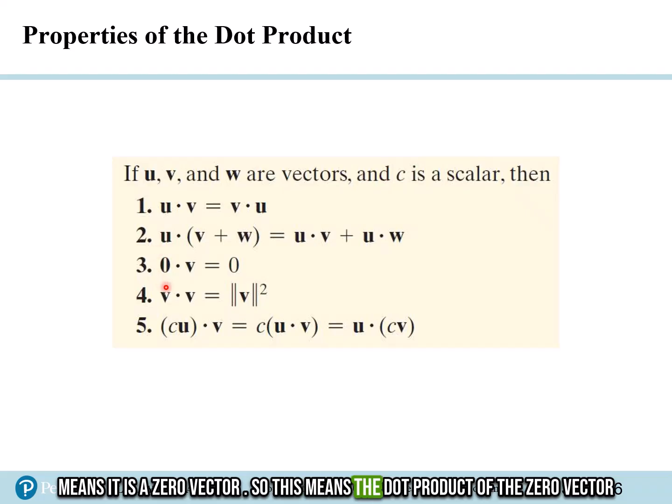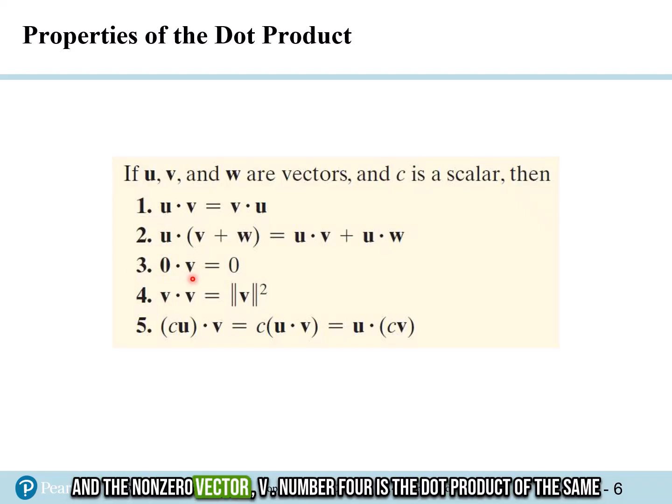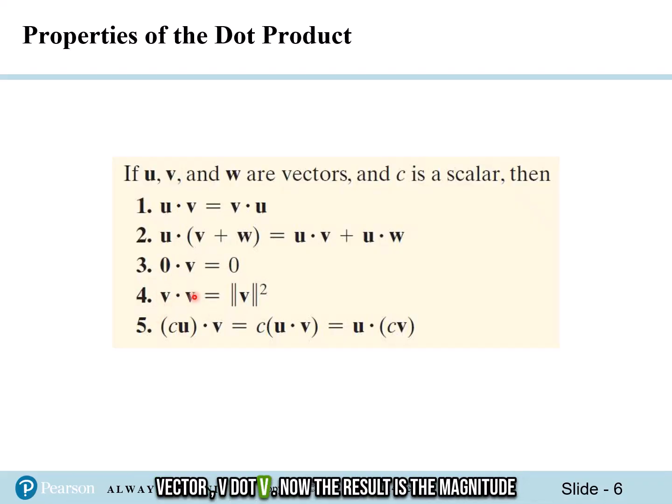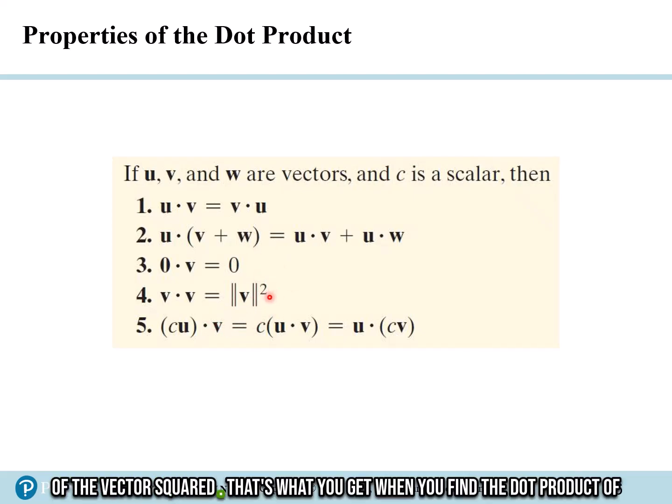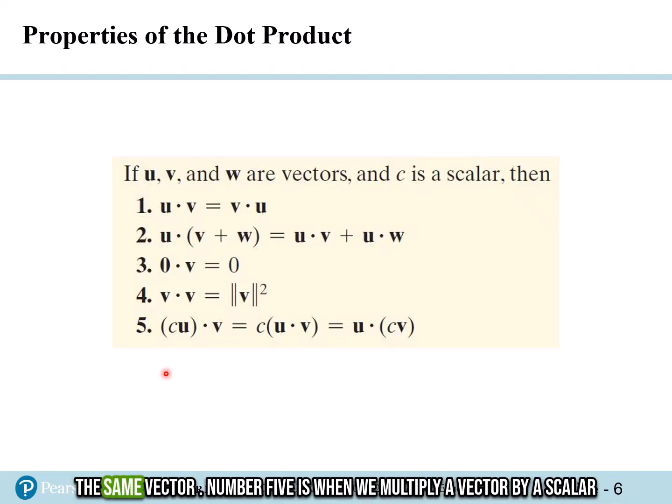So this means the dot product of the zero vector and the non-zero vector V. Number 4 is the dot product of the same vector, v dot v. Now, the result is the magnitude of the vector squared. That's what you get when you find a dot product of the same vector.